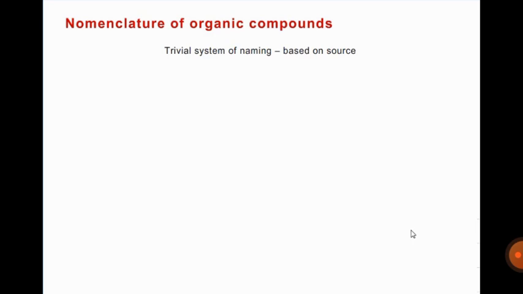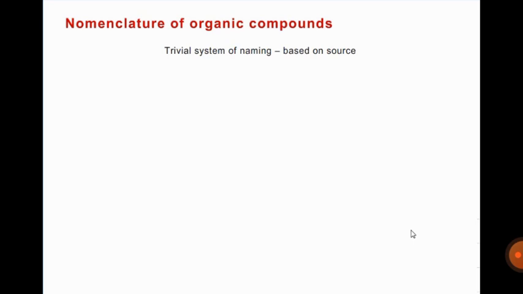There is a class of compounds we call barbiturates. They got the name according to the whims and fancy of the one who discovered them, because the discoverer had a girlfriend whose name was Barbara. If it had been in India, the acid would have been something like Lakshmi acid.